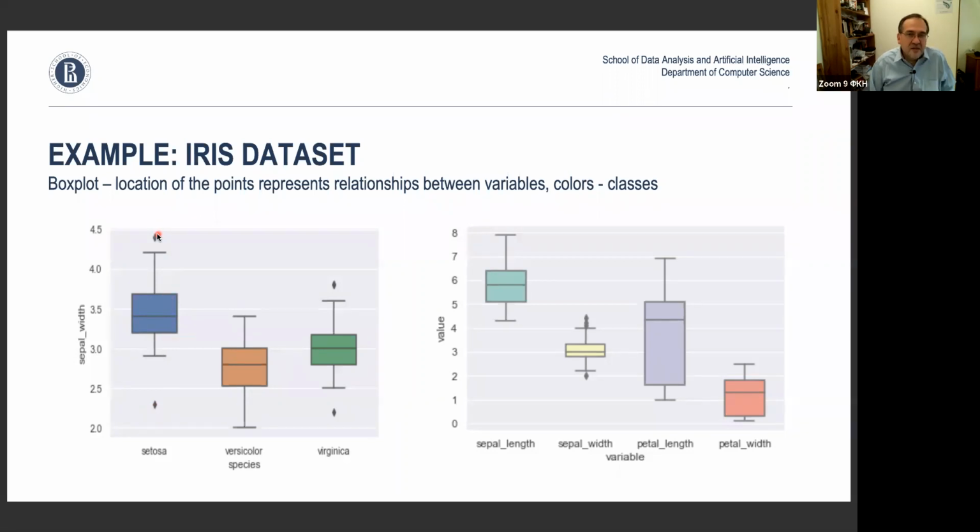It's very possible it could be a weird flower, something went wrong with it, or it could be an error in the measurement. So later on, when you start doing more processing of the data, we might try to ignore those points and remove them from the data set because they're just too far out, okay?